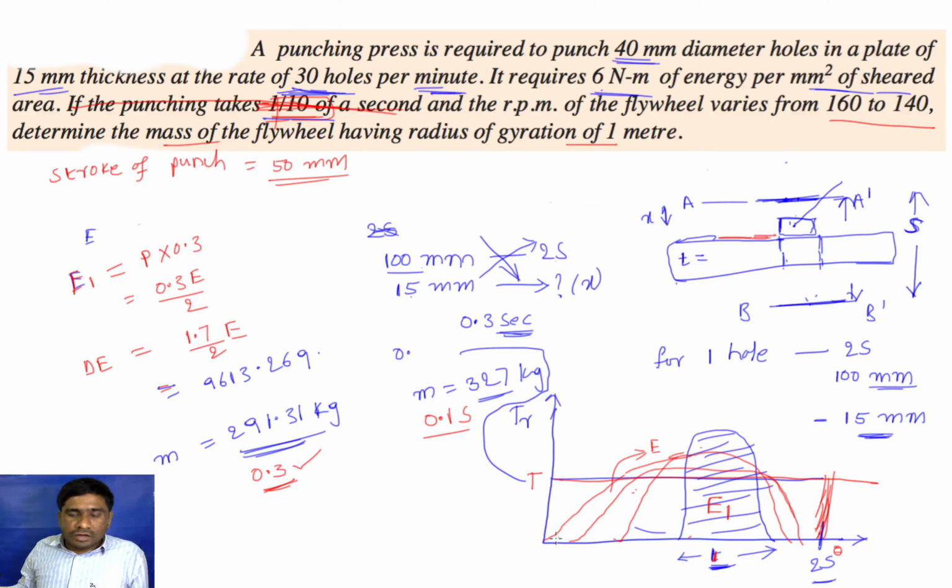Because the whole process is distributed instead of concentrating at only one position. So correspondingly, this mass is also decreasing. That means if the actual punching operation time is equivalent to the full cycle time, then we can avoid using the flywheel.